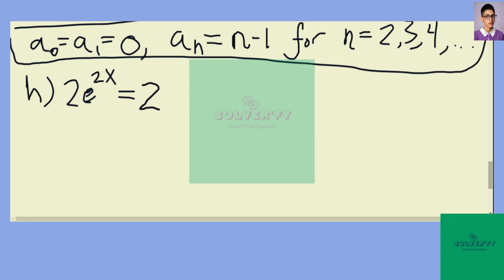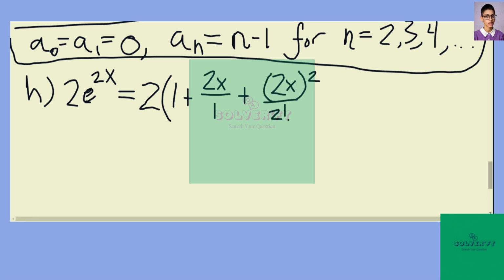We have that by the table in the book, this is equal to 2 times 1 plus 2x over 1 plus 2x squared over 2 factorial plus 2x cubed over 3 factorial, and so on.